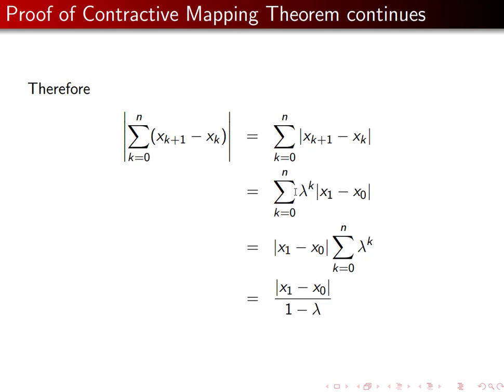Then we apply the stuff we did before, just on the previous slide. Here we've got this constant, we can factor it out. Hey, this is just the geometric series over here. So I have this absolute value of the difference bounded above by this fixed sum.